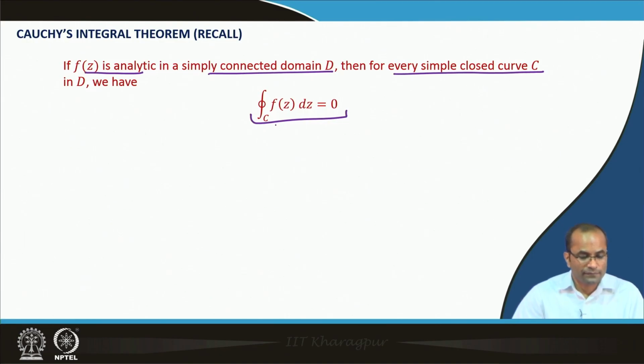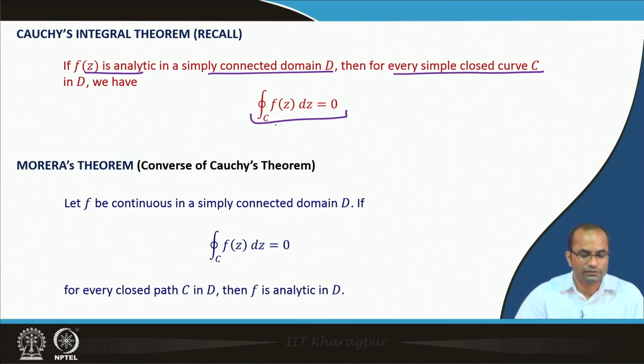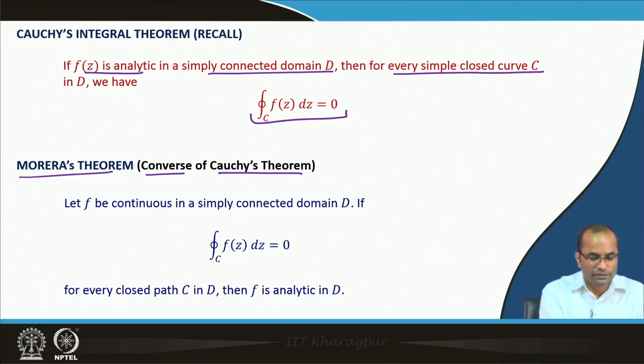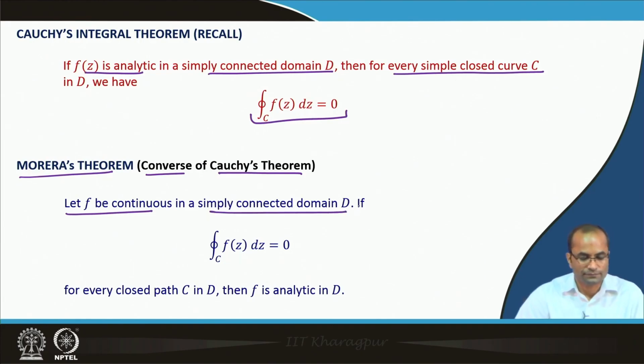So, today first let me tell you that for this Cauchy integral theorem, there is a reverse or the converse. Just to mention, we are not going into the detail, we will directly move to Cauchy integral formula. This Morera theorem says that if f is continuous in a simply connected domain D, so we are not talking about analyticity now.